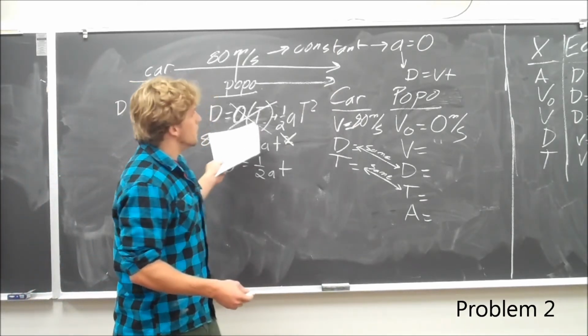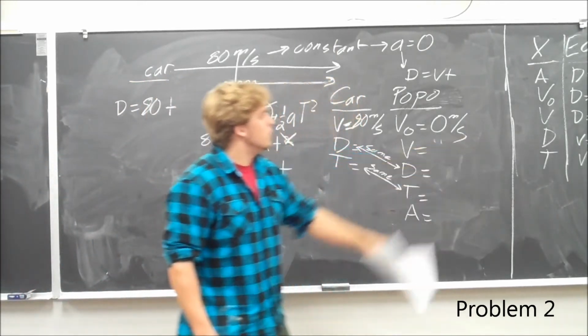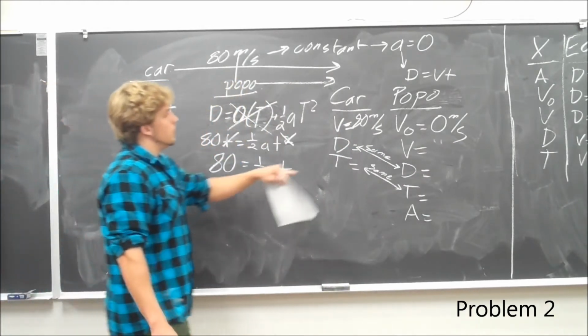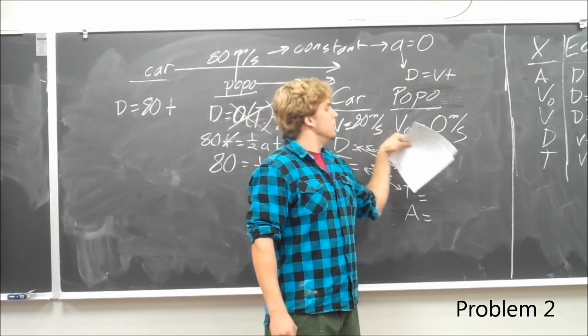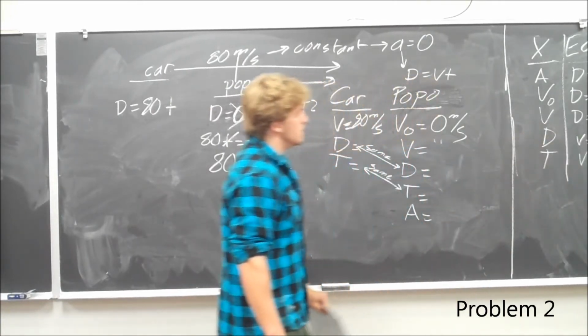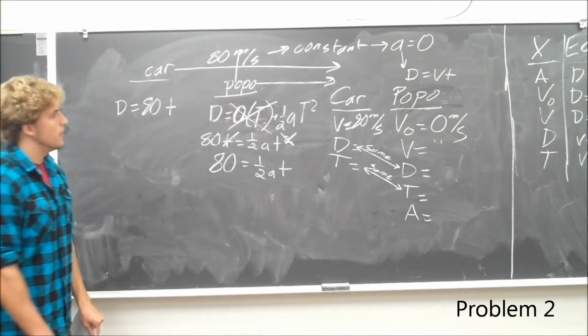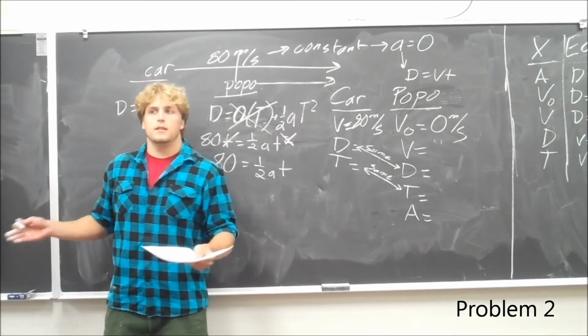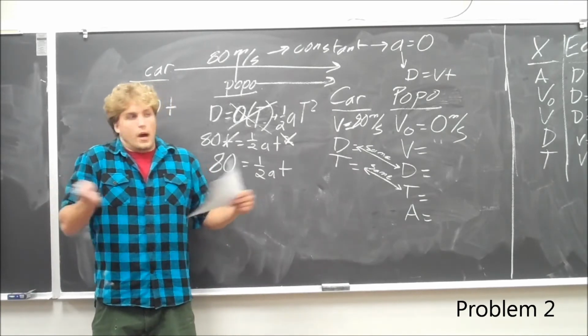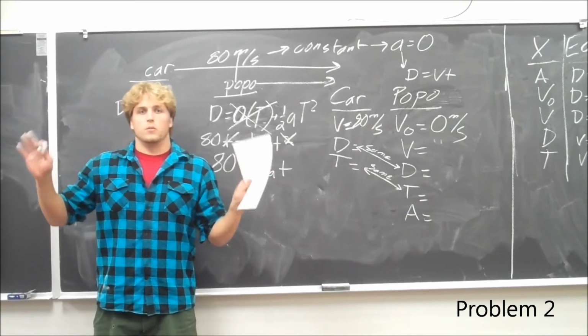We used the v naught t plus 1/2 at squared. Now we're gonna eliminate v naught instead. So we're gonna use this equation: d is equal to vt minus 1/2 at squared. Now I'm picking these equations at random. I didn't pick these equations for some magical reason.